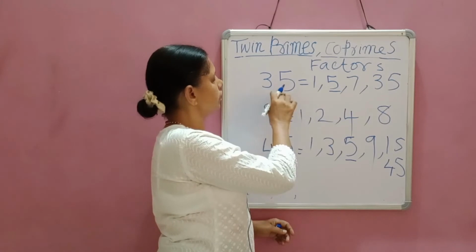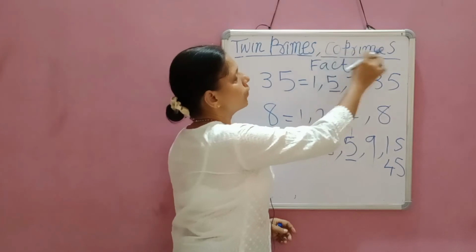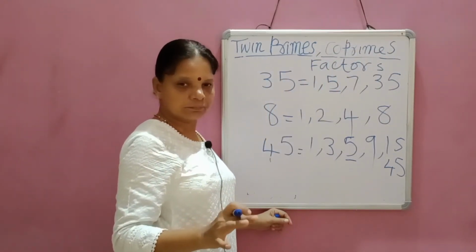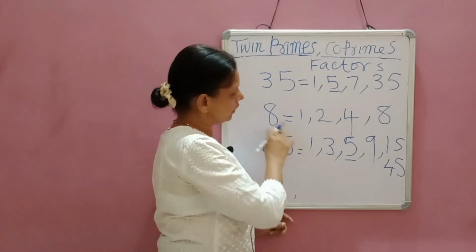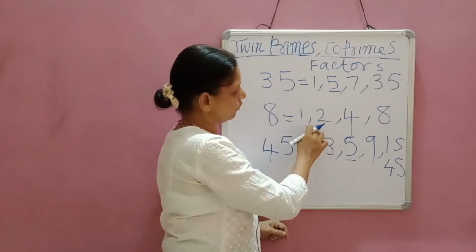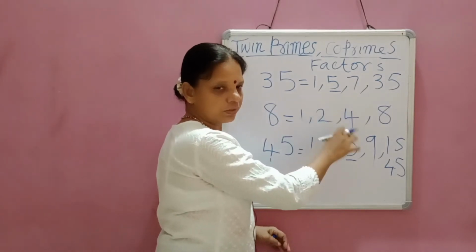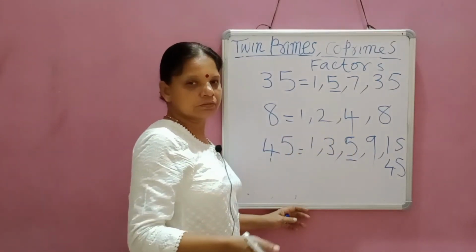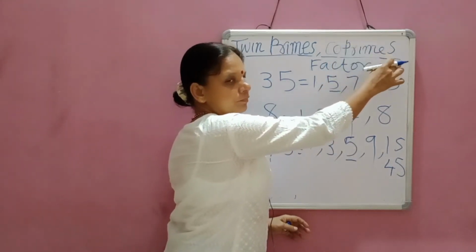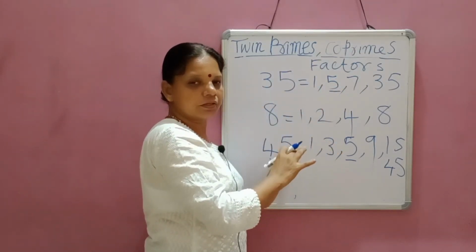So we can say that 35 and 45 are not coprimes. Now understood what are coprimes? Even 45 and 8, are they coprime? They are coprime, because there is no common factor. You only have to see the factors to determine whether the numbers are coprimes. It is a pair, considering 2 numbers.